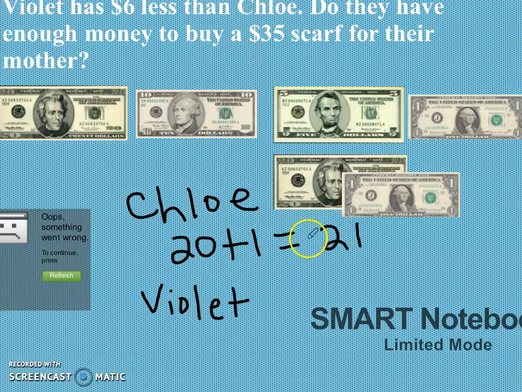So Chloe has $21. Violet has $6 less than. So less than means what? I have to add or subtract? Correct, subtract. So I'm going to subtract 21 minus 6 to find out how much money Violet has.